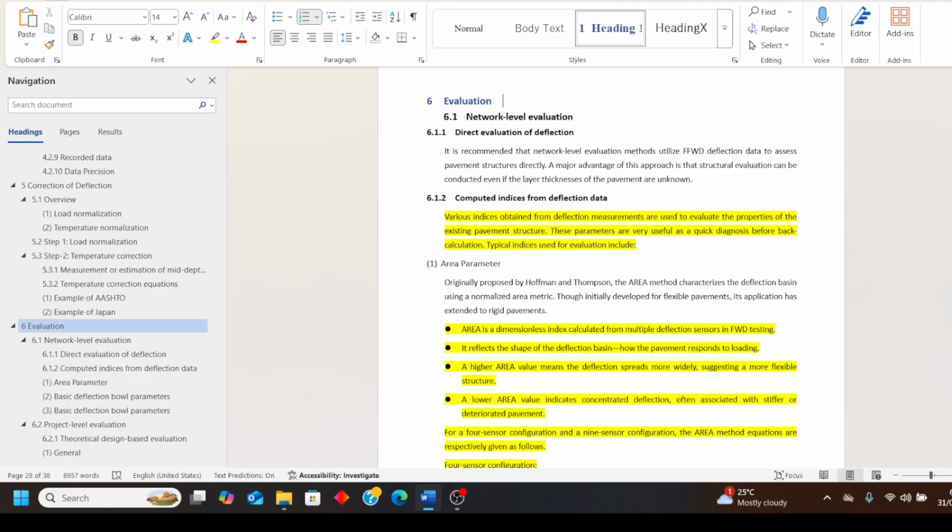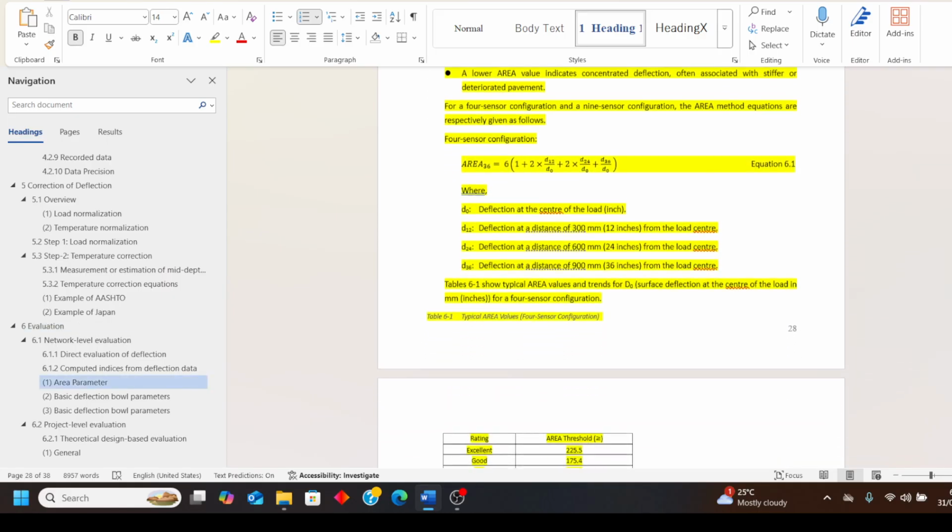Number one is the network level evaluation. It is used at large scale across the entire network to support asset management. It uses deflection indices which are directly derived from the basin, including an area parameter for overall stiffness measurement.